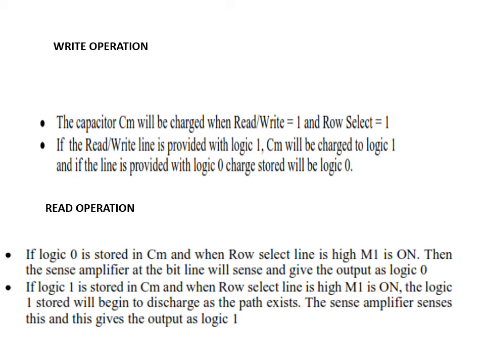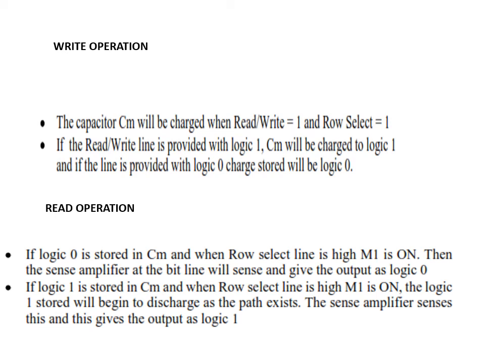And for read operation, once again the row select line input has to be made 1. If logic 0 is stored in CM and the row select input is 1, then the sense amplifier at the bit line will sense and give the output as logic 0.